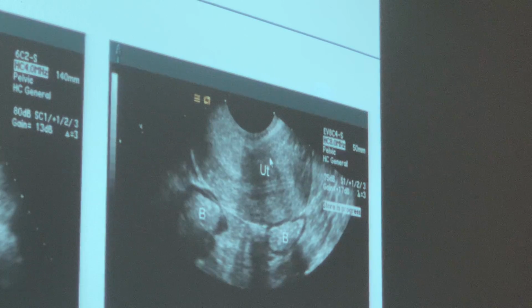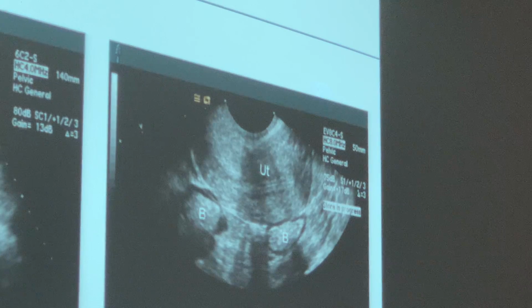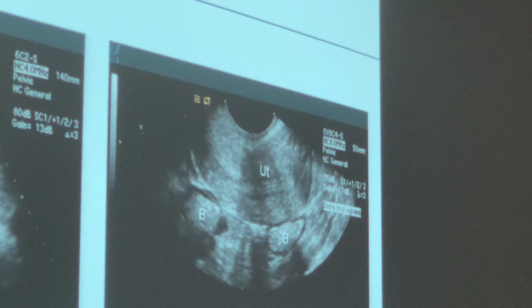Because anatomically, we have to keep everything the same. So even though it looks like this is posterior uterus, it's not. It's anterior uterus, because it's retroflexed or retroverted. Everybody understand? So if I had a fibroid here, I would have to call this anterior uterus and posterior uterus.